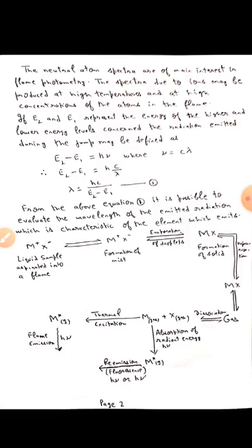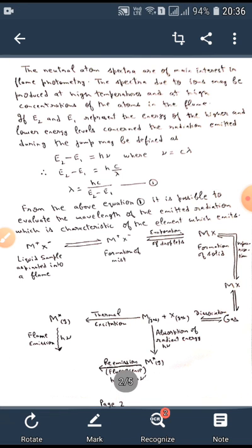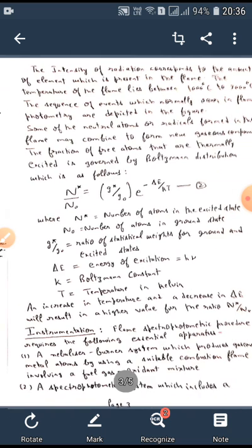Now, here there are two possibilities. One possibility is that these constituent atoms, on thermal excitation, may form M star, which goes to a higher energy level, and it emits radiation under flame emission. The second possibility is that it may absorb radiant energy in the form of h nu, go to a higher energy level, and then re-emit in the form of fluorescence.